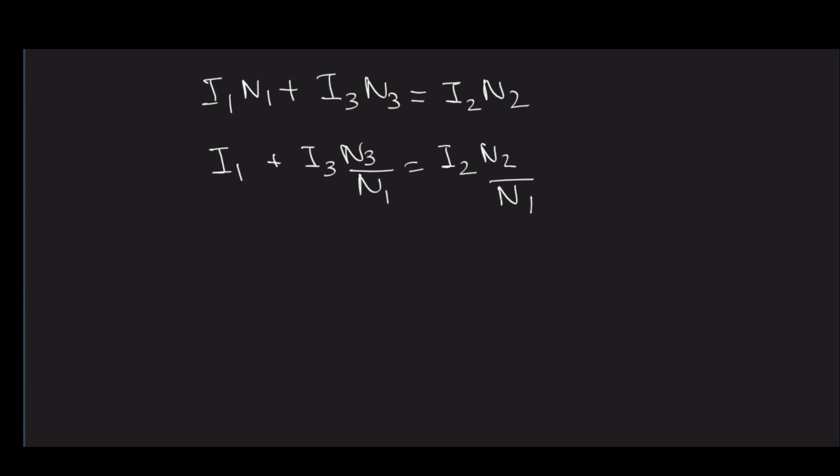So a question may come to your mind: why is it not I1 N1 is equal to I3 N3 plus I2 N2, rather I1 N1 plus I3 N3 is equal to I2 N2? That is an interesting question. I expect that question from you, and once you can convince me with your logic, then only can you reach the answer.